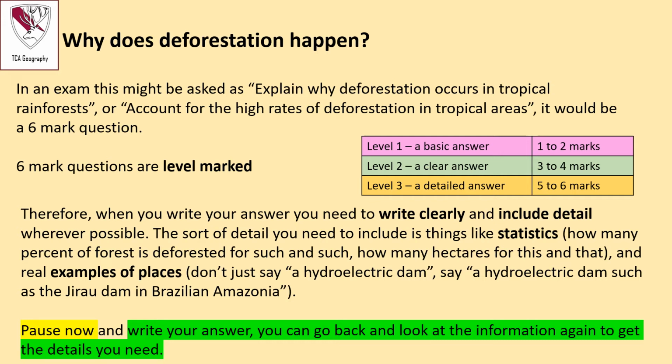That gives detail. So I would like you to pause and write your answer to this question, and I want you to aim for a level 3, please. If you aim for a level 3 and you get a level 2, then we will also consider that a success. But if you aim low, I think it's going to be really tricky to get higher.